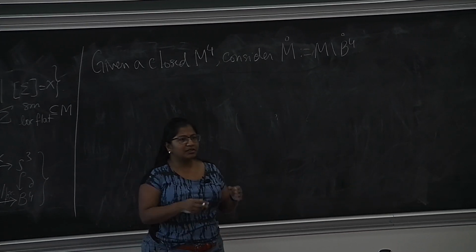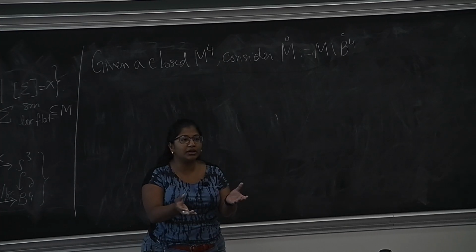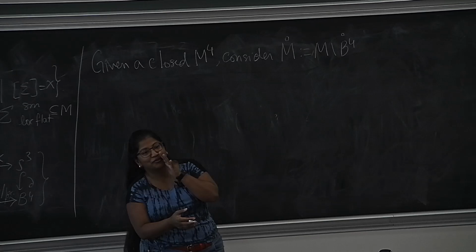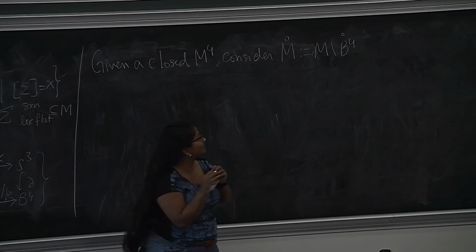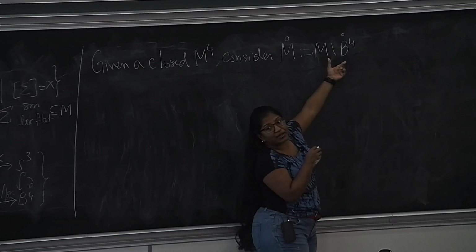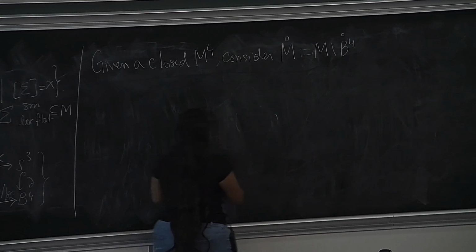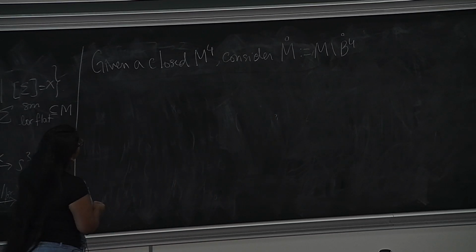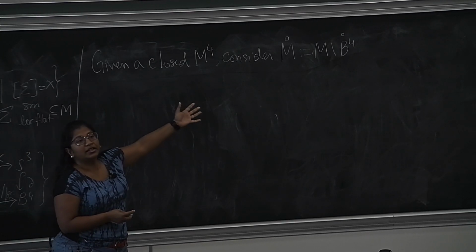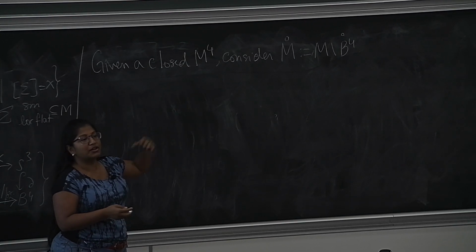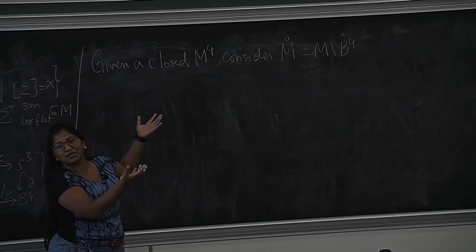Inside of your smooth four-manifold, you find some smoothly embedded B4, or in a topological four-manifold a topologically embedded B4, and remove the interior. You notice I've created this extra boundary component, which is S3. Any arbitrary knot K I can find inside of that S3, and I could ask for the minimum genus of surfaces bounded by that knot inside of this M circle.